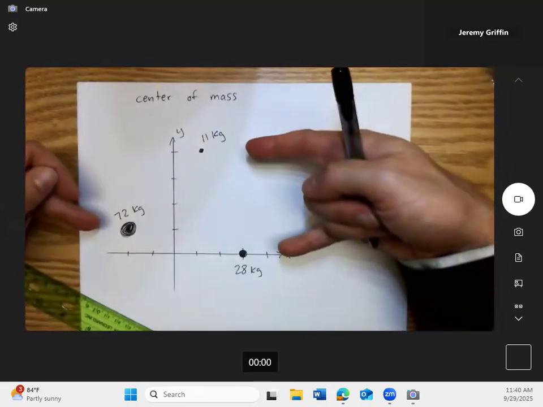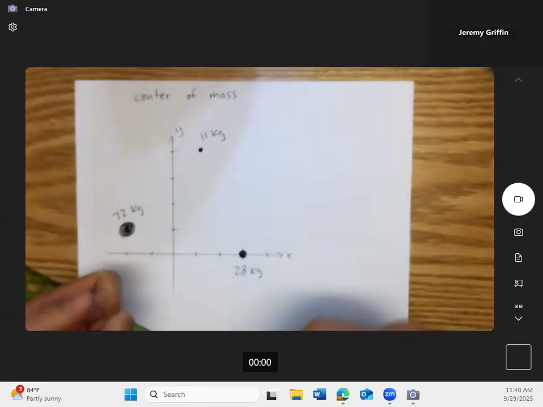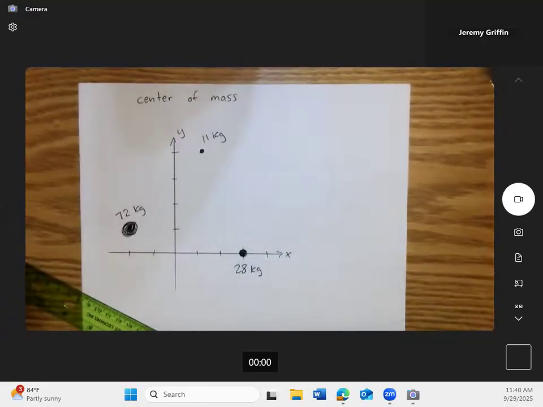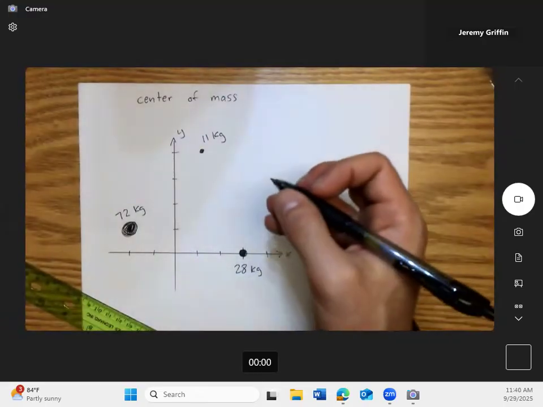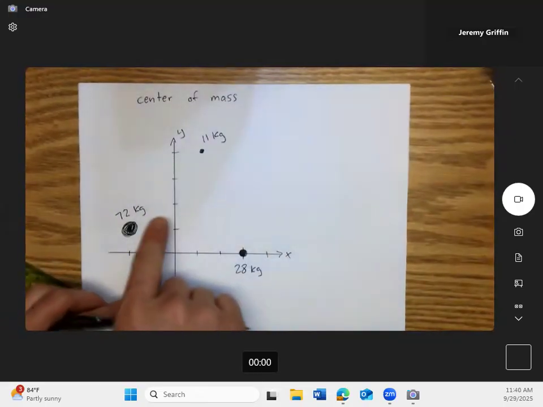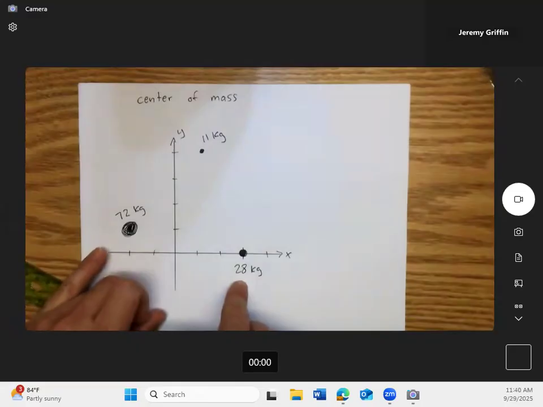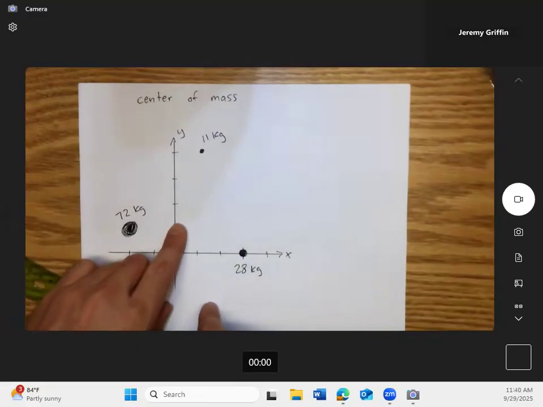Now, if these three masses are glued to a giant massless foam board and you wanted to balance that on your finger, could you guess where the center of mass would be about? Where could it balance on your finger? Probably about here-ish? I'm going to guess it's fairly close to the y-axis.